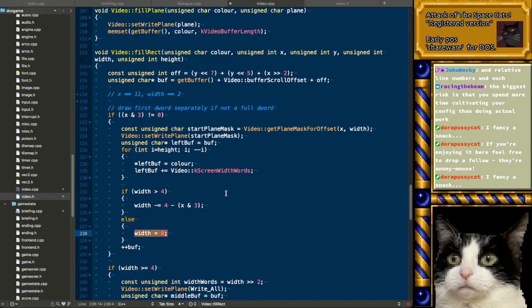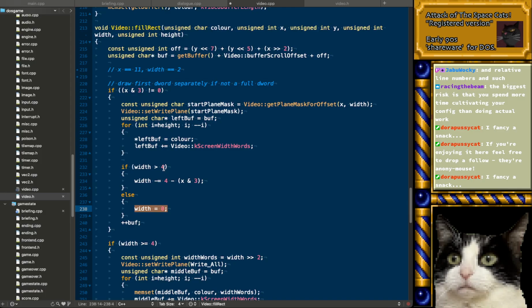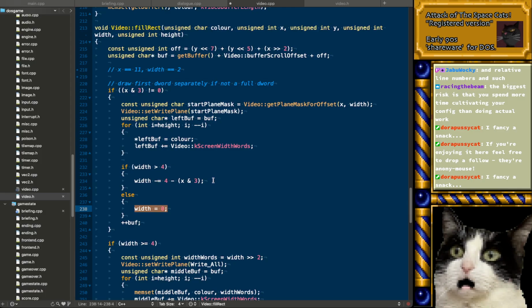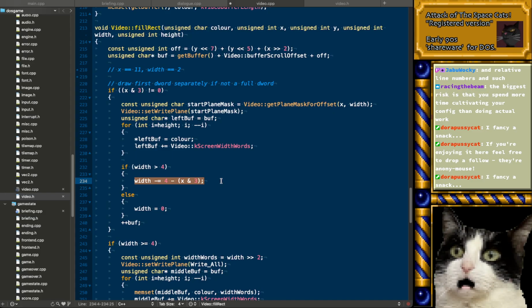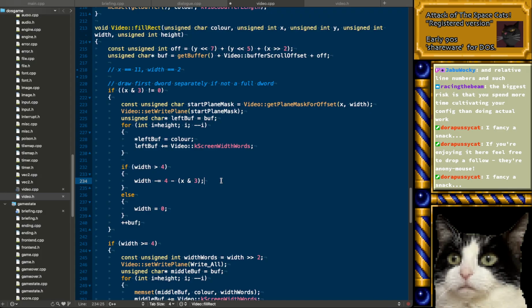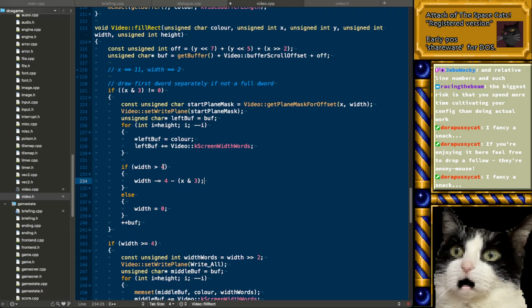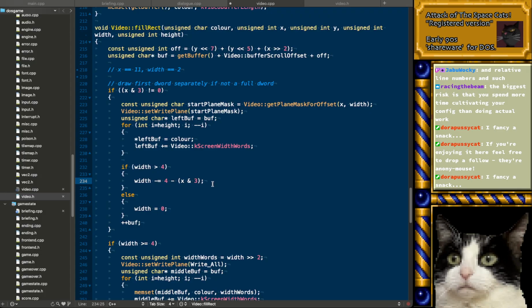Upsetting. If we've got more than a word's worth to draw, then just subtract however many we've just done. Otherwise set it to 0. Can we not just do that in all cases? Does that do the wrong thing? If width is more than 4, what if it's not more than 4? If it's 2, 4 minus 2, yeah, that probably would be wrong.